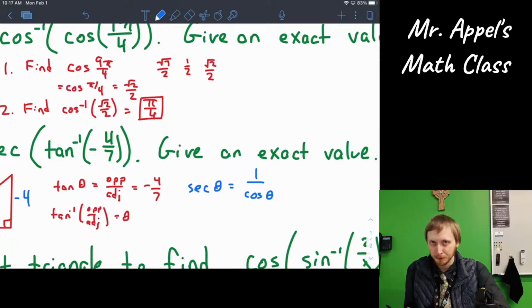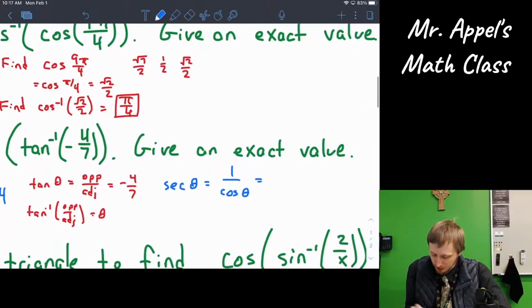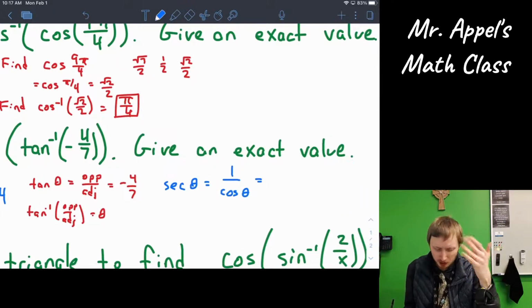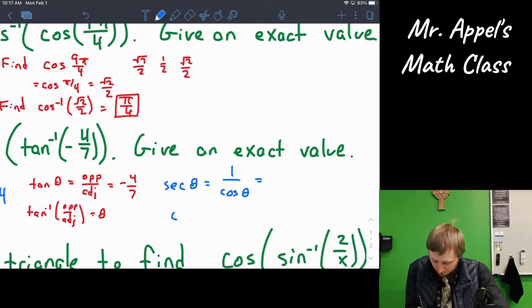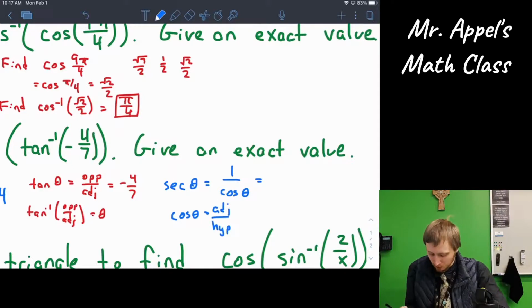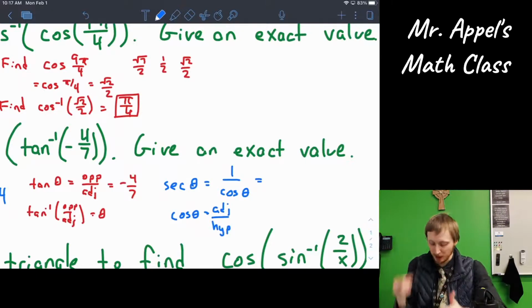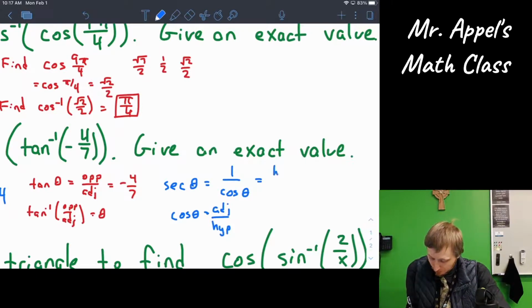And cosine is adjacent over hypotenuse, which means secant is hypotenuse over adjacent.